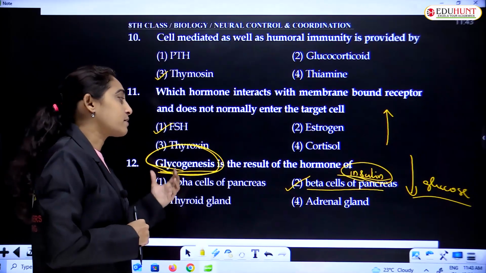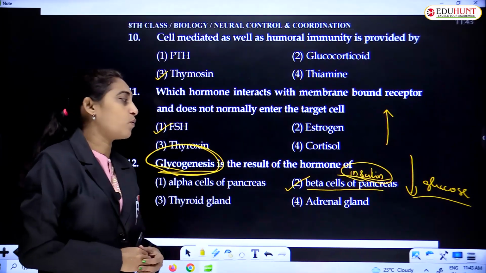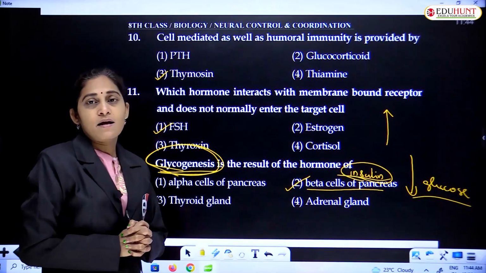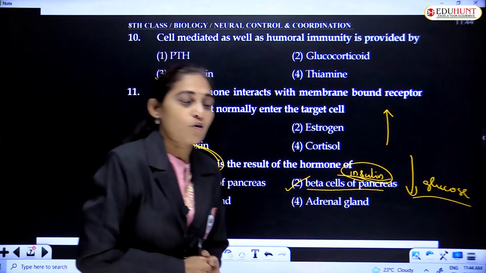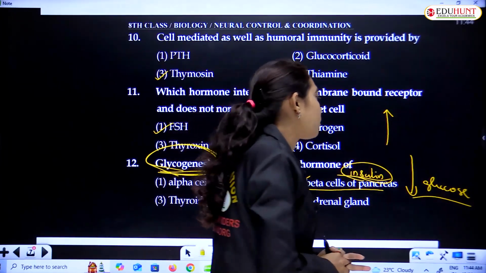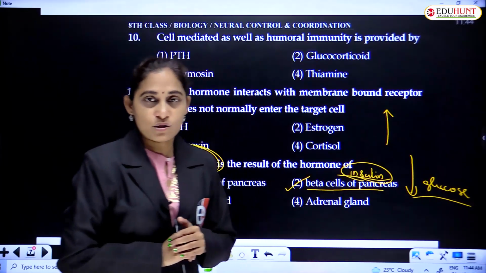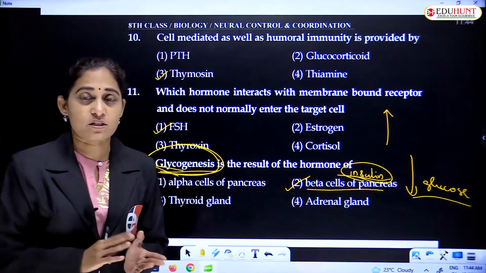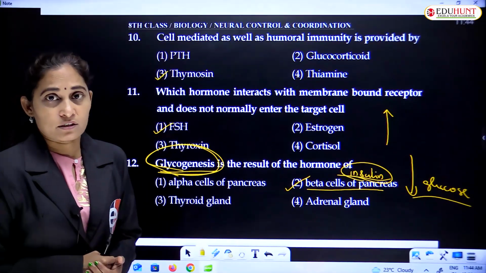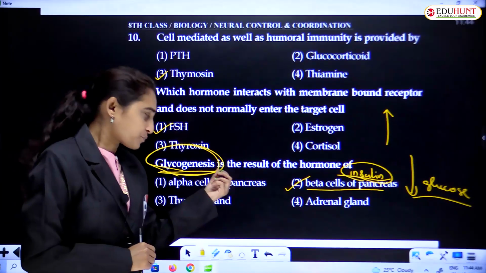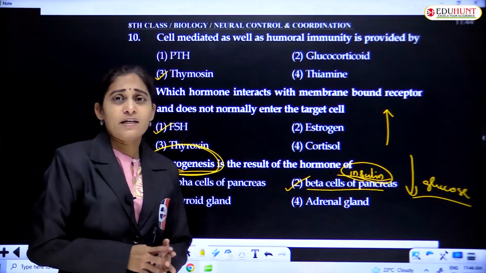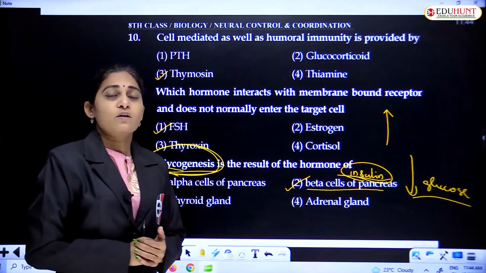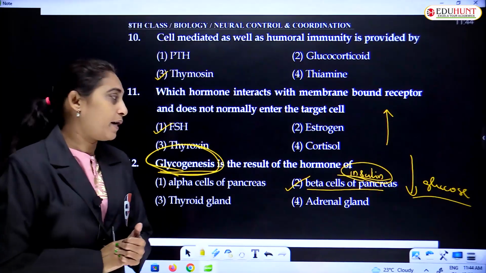So it is the hyperglycemic hormone, whereas the beta cells, which secrete insulin, cause a decrease in the glucose level. It increases the utilization of cellular glucose for energy production, and also helps in reducing the glucose level in the blood.